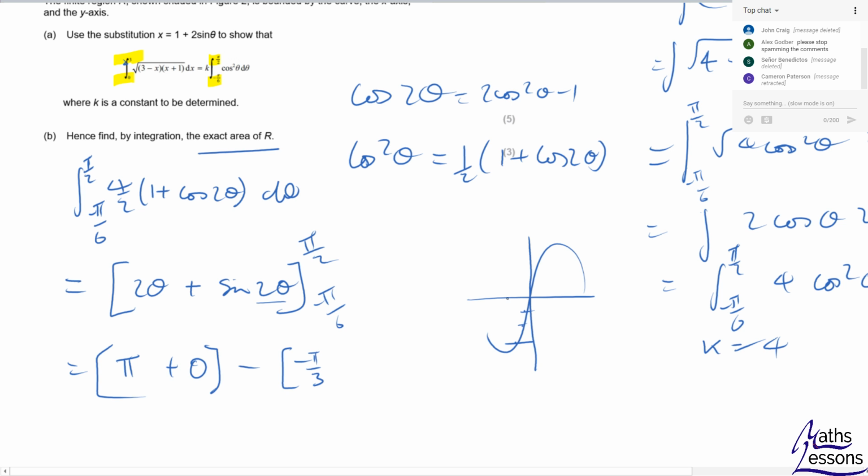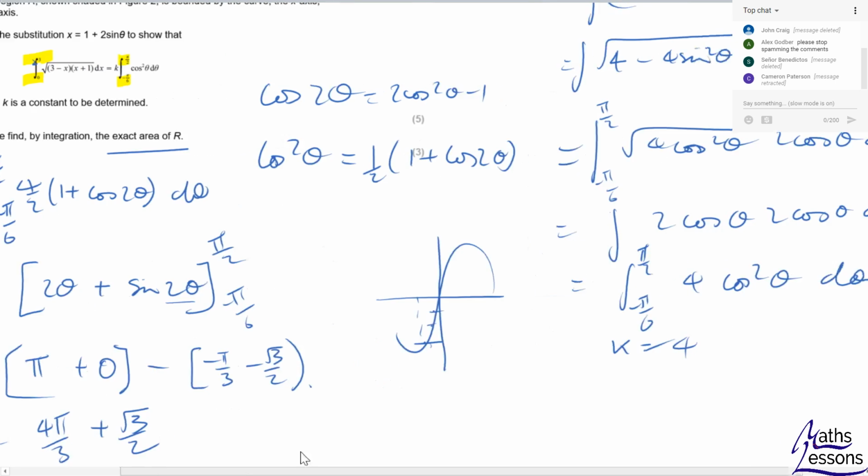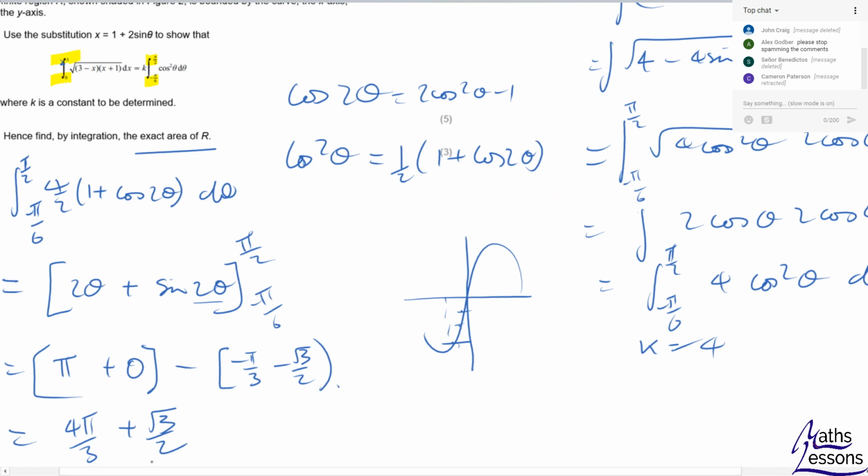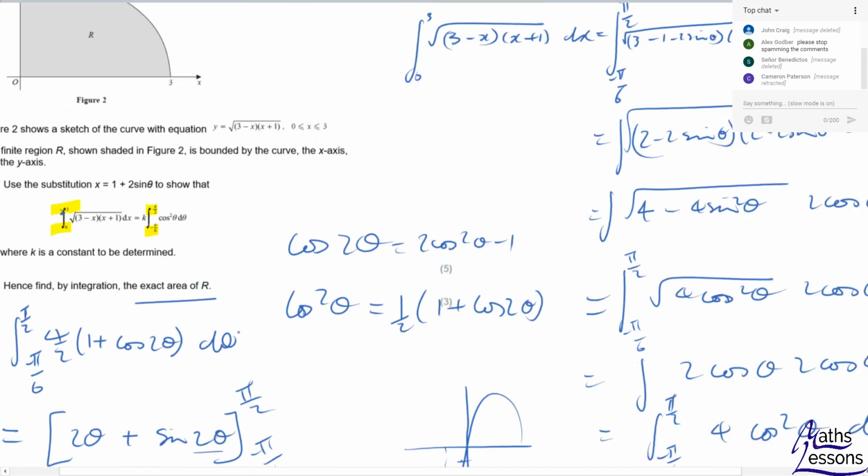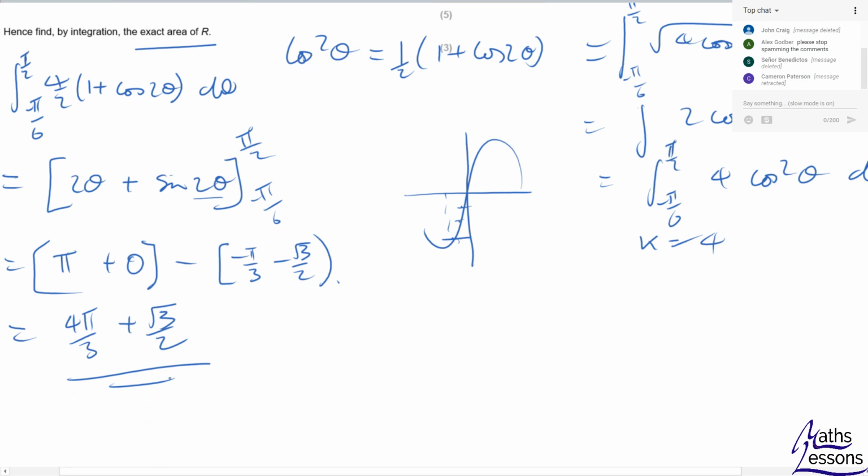You can learn them however you want, but you need to know that's root 3 over 2, so it's going to be minus root 3 over 2 here. So let's work that out. So we've got pi minus pi by 3, that's 4 pi over 3. We've got minus root 3 over 2, so that's plus root 3 over 2. Oops, sorry about that. As our final answer.